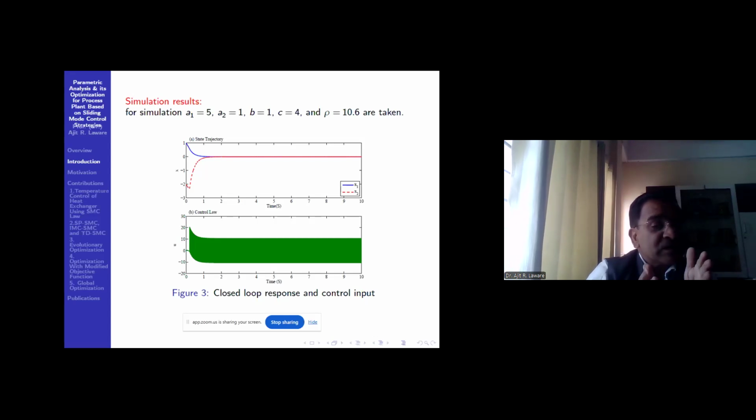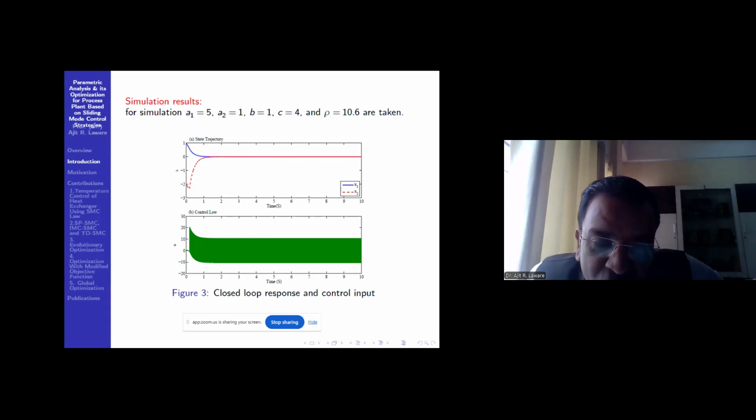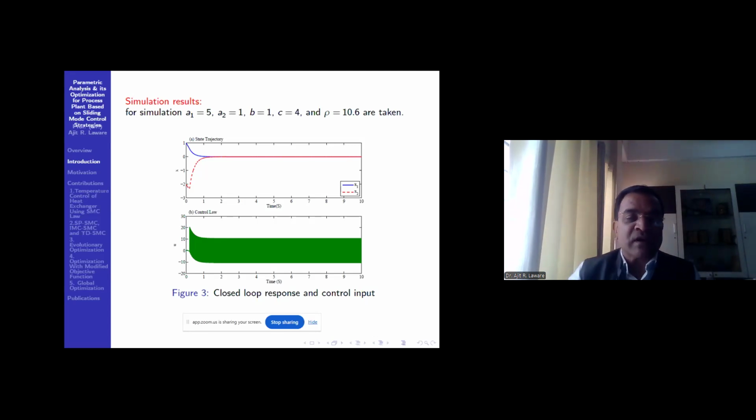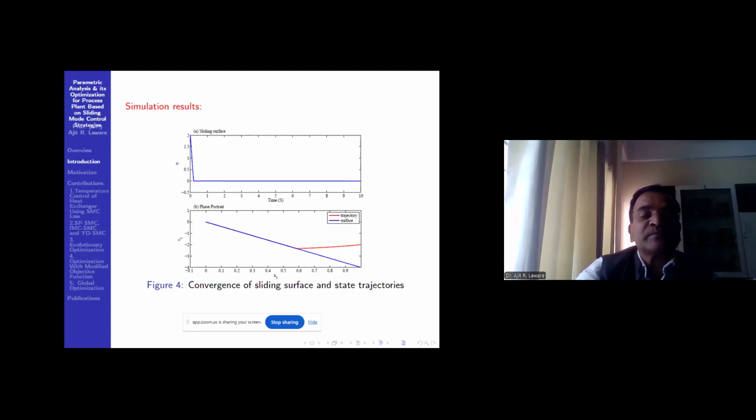And this sharp switching indicates faster convergence. If you observe the controller effort or control input, it has much chattering from plus 10 to minus 10, means plus minus 10.